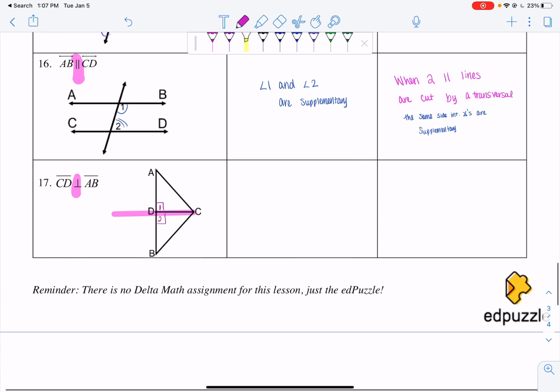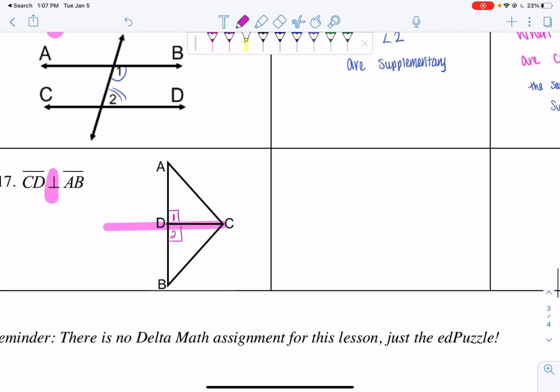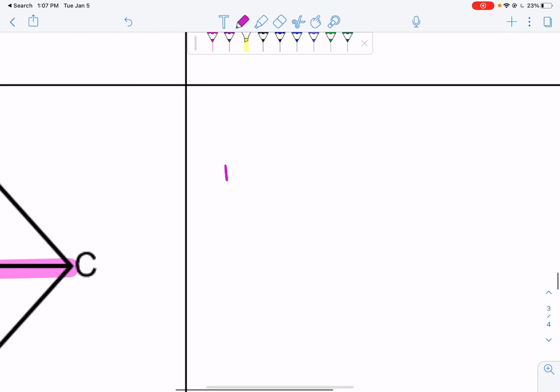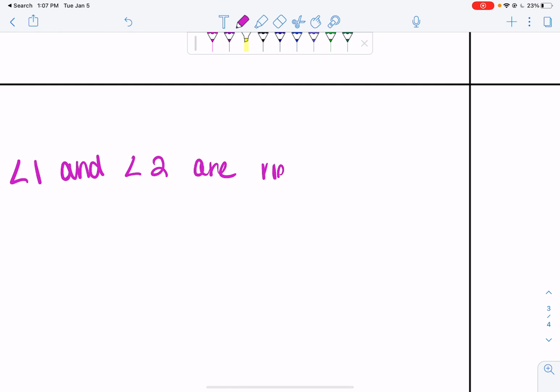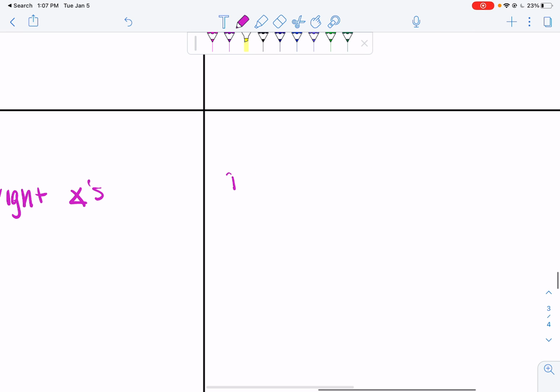Remember, whenever you have perpendicular, you can't just say that they're congruent. You have to do 2 steps. I have to say angle 1 and angle 2 are right angles, and my reasoning is because perpendicular lines create right angles.